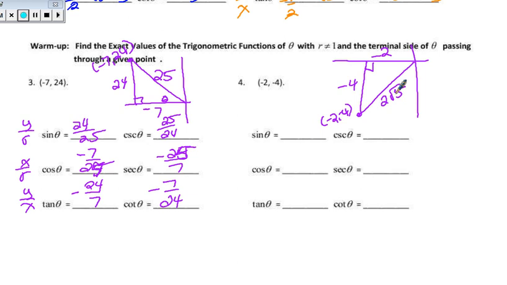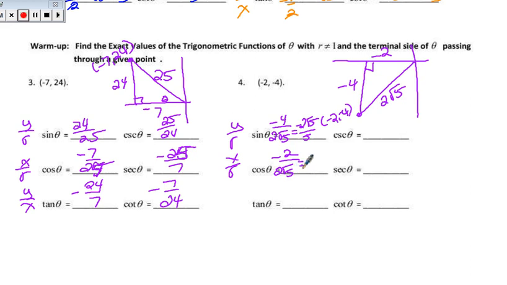If I'm looking at the sine value, y over r, that's going to be negative 4 over 2 root 5. That will rationalize down to negative 2 root 5 over 5. Cosine is x over r, which is negative 2 over 2 root 5.